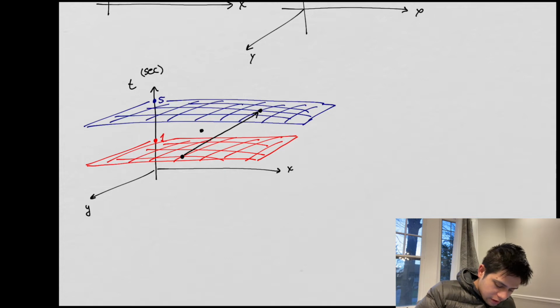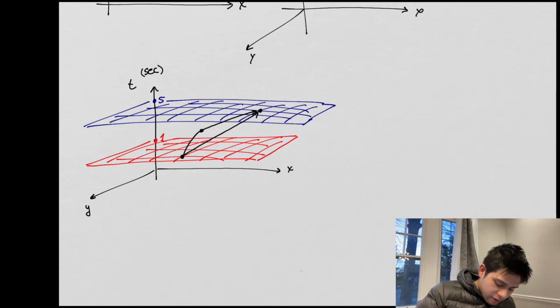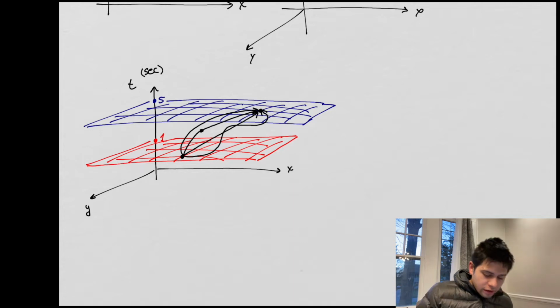In that case, our trajectory would look like that. We could say at time equals 3.5 or 2.15 or something like that. We could have multiple trajectories in here, right? So nothing's stopping us from having different paths that take us from one point to the next in space-time, right?